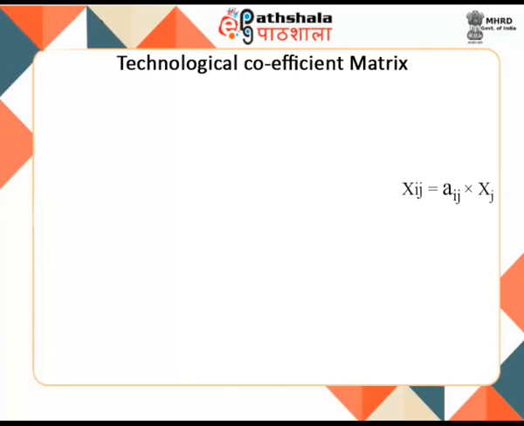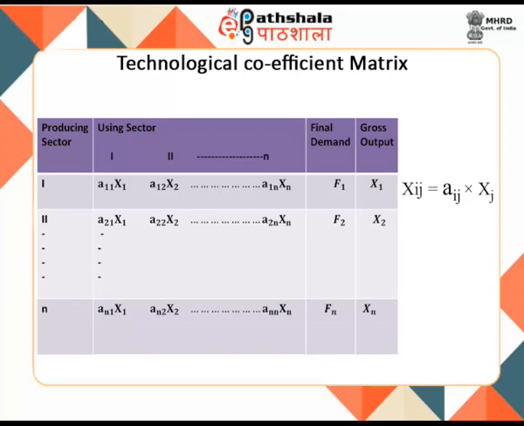We know xij equals aij into xj, where xij is the output of industry or sector i required to produce the output of industry or sector j, and is proportionate to the output of industry j. The coefficient of proportionality being the input output coefficient Aij.